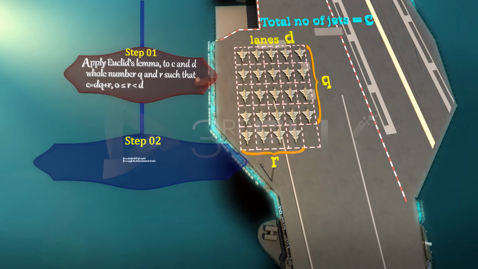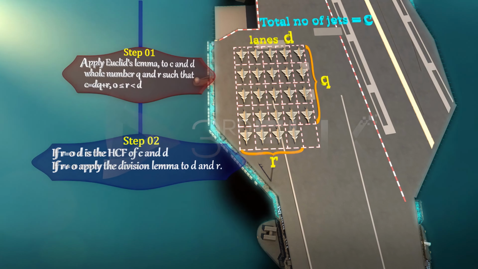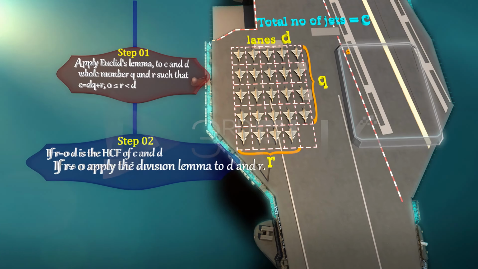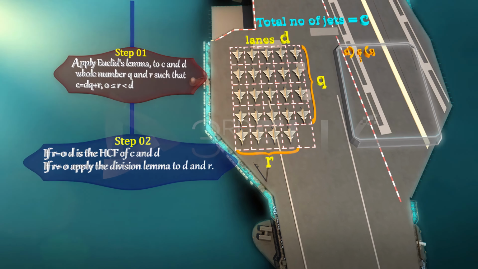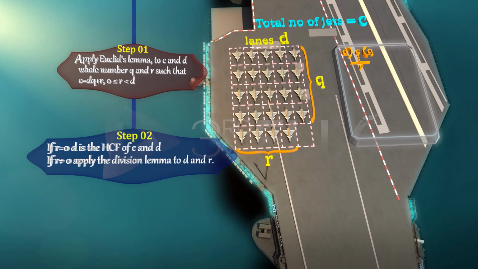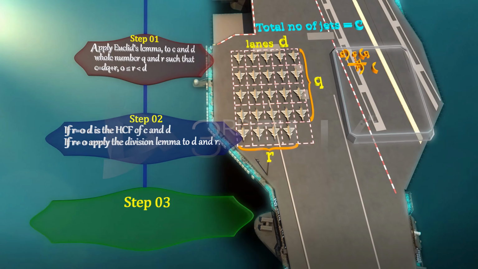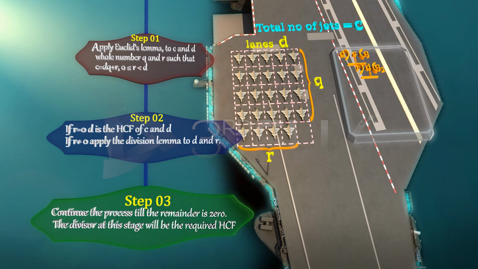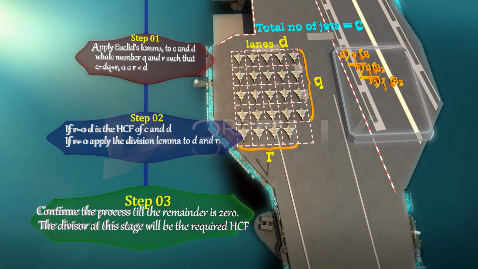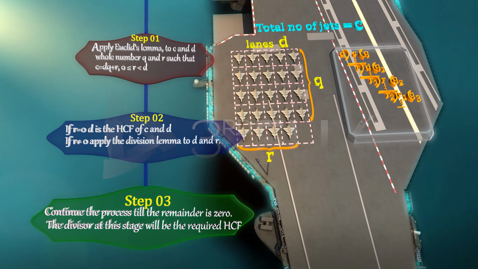If r is equal to 0, d is the HCF of c and d. If r is not equal to 0, apply the division lemma to d and r. Step 3. Continue the process till the remainder is 0. The divisor at this stage will be the required HCF.